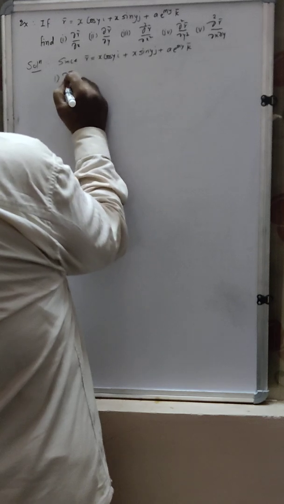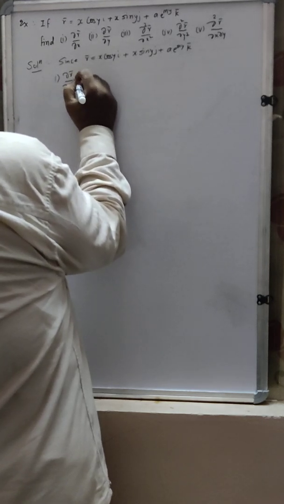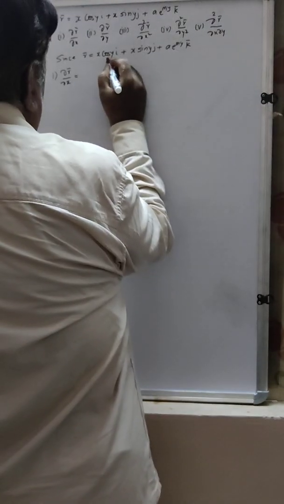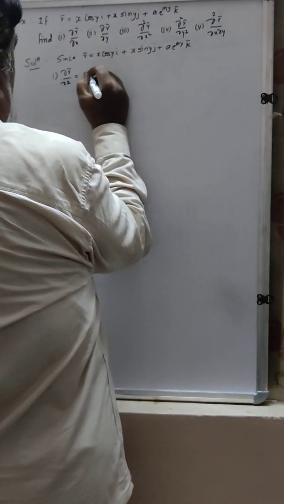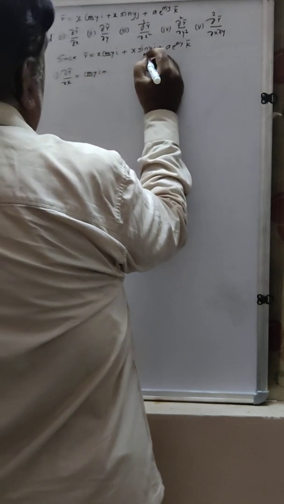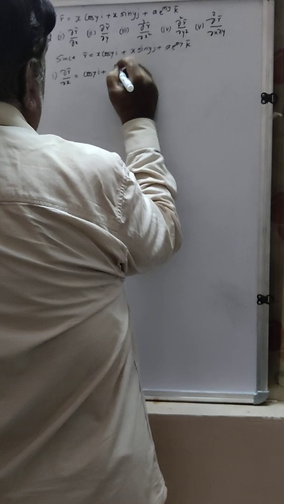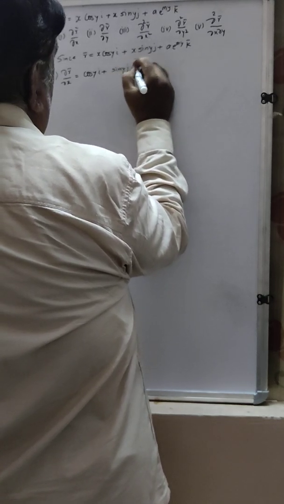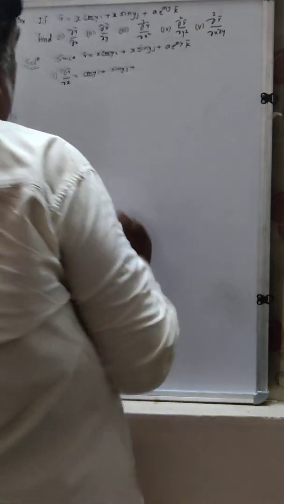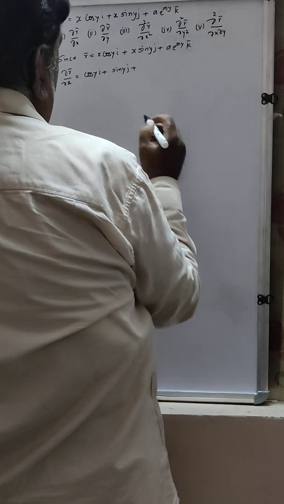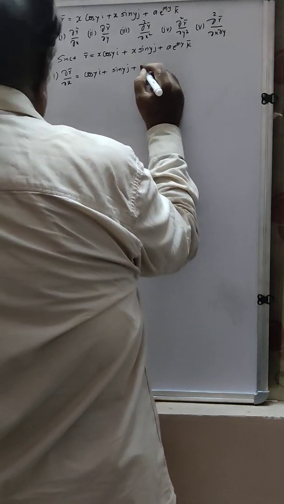Differentiate r vector with respect to x: here cos y is constant, derivative of x is 1, so cos y i vector. Here sin y is constant, derivative of x is 1, sin y j vector, plus this is constant with respect to x, so 0 k vector.